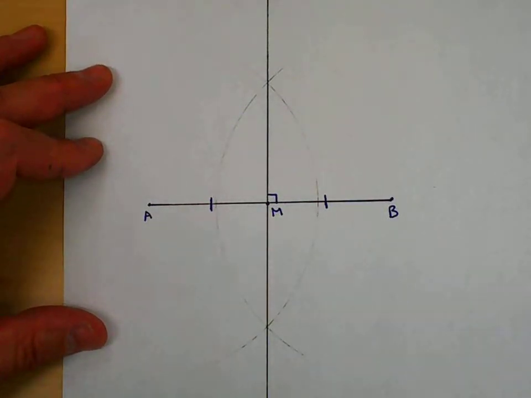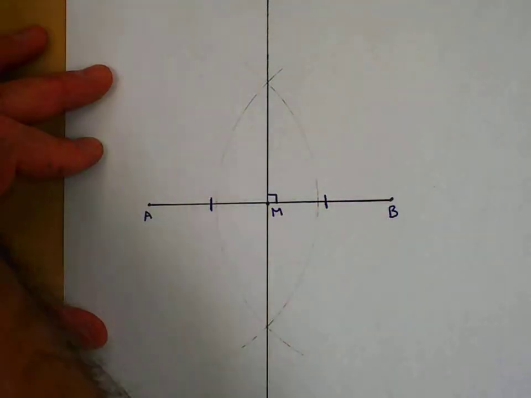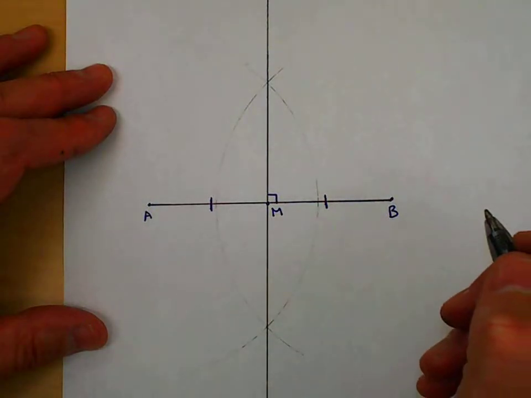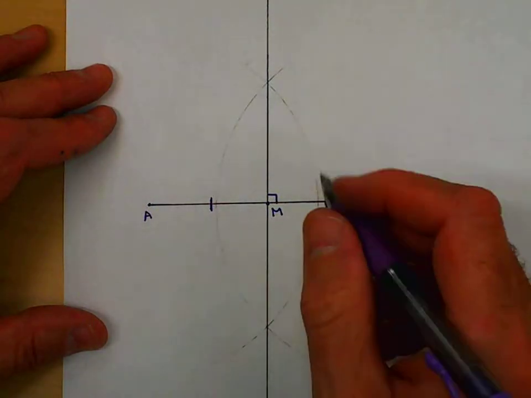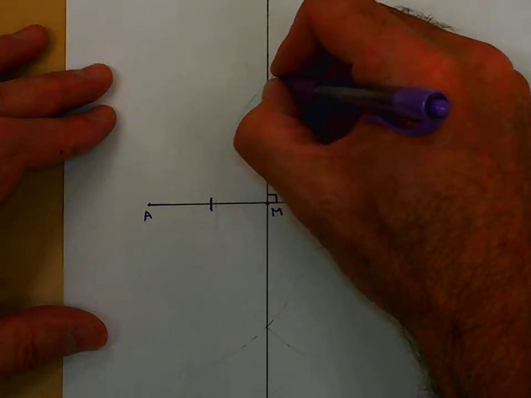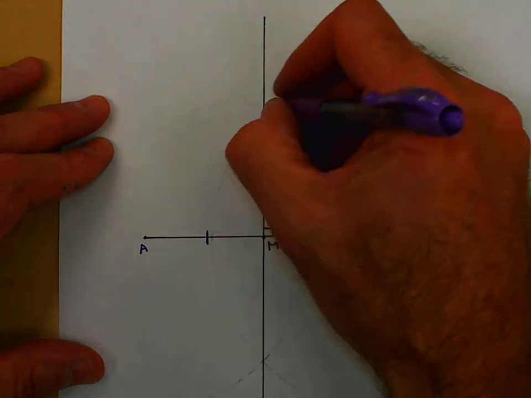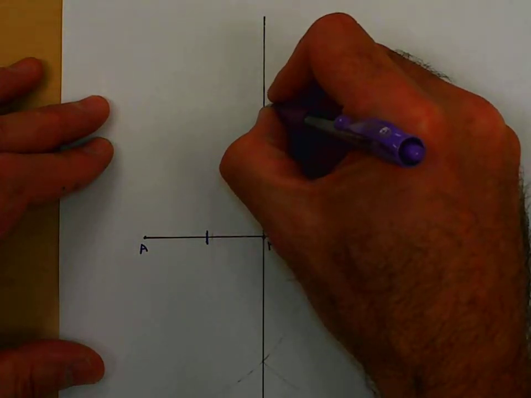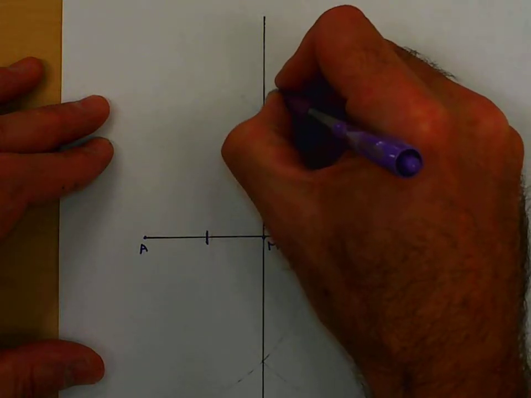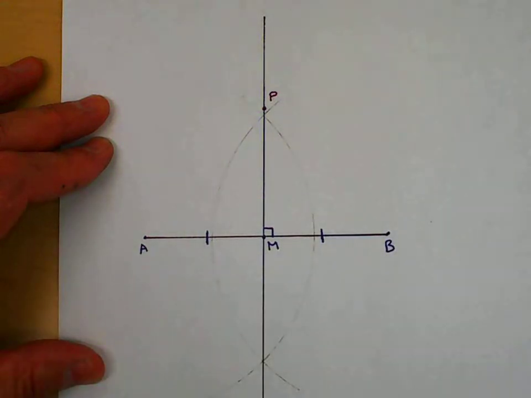And once you have that, we can go ahead and randomly name another point on that perpendicular bisector. We'll go ahead and call this point P. So now PM is my perpendicular bisector to AB.